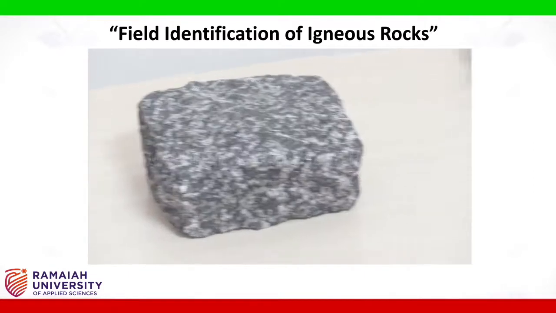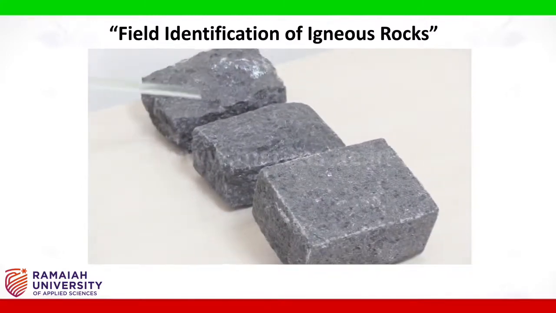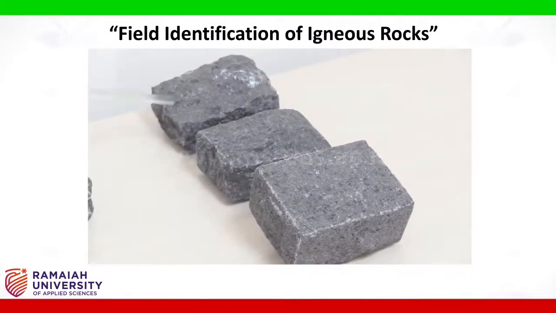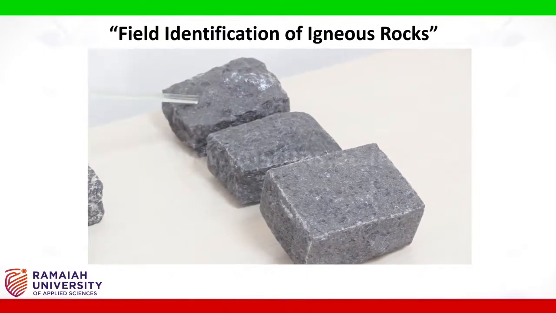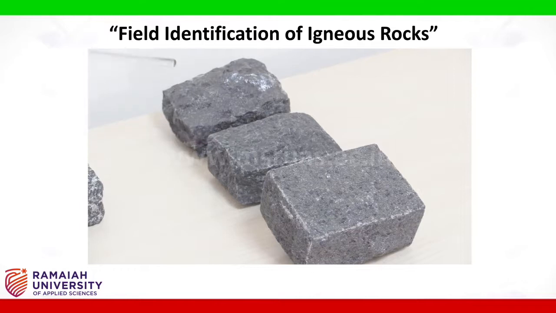The last one, what you are seeing, is the dark colored igneous rocks with very different grain sizes. Some are very coarse grained or medium grained, and the composition is essentially pyroxenes and olivine, and quartz is invariably absent, or even if present, it will be less than 10%.